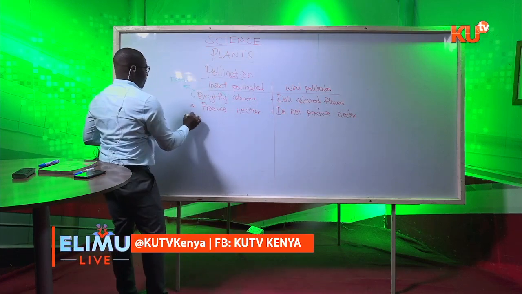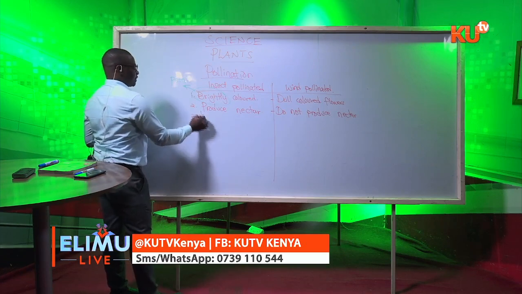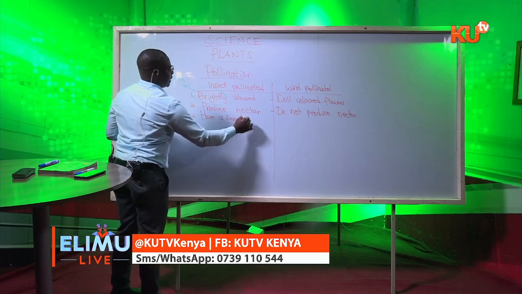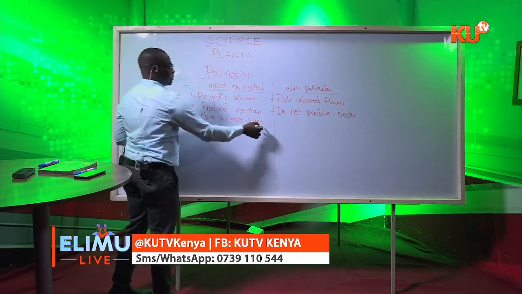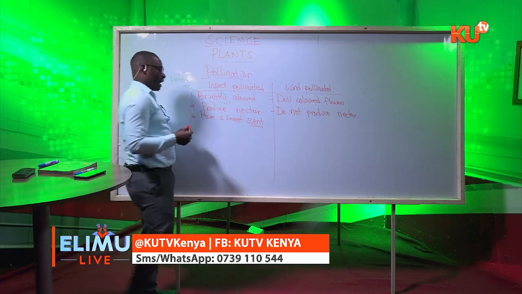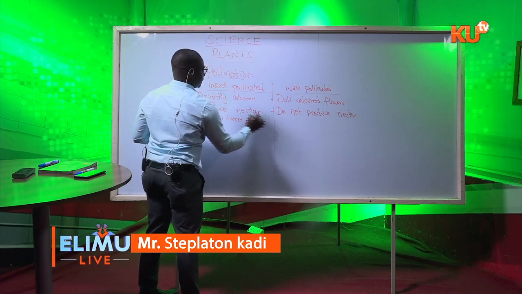Number three, insect pollinated flowers have a sweet scent. Scent here means smell. It is the same as saying they have a good smell.